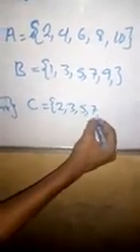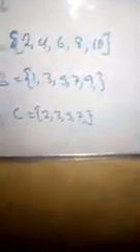Then 3 can be divided by only 1 and itself. Then 5. Then 7. That's all, because 9 can be divided by 3. That's why we will not include 9. 9 is an odd number but not a prime number. So now we have listed the elements of the sets.